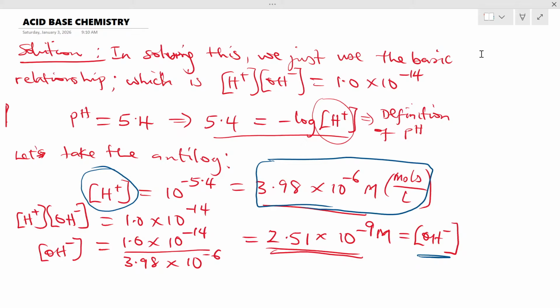So 10 raised to power minus 6, once it flips, that power goes to meet the power of minus 14 and changes to a positive sign. So minus 14 plus 6 will give you minus 9.